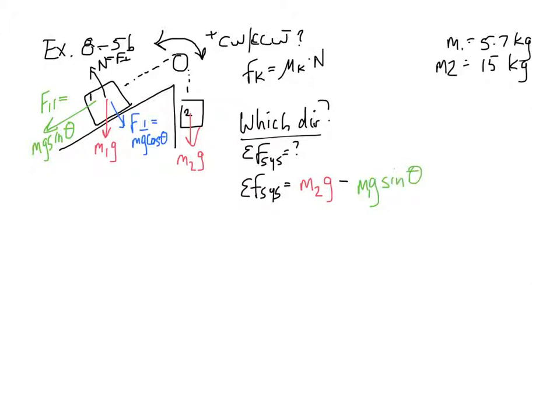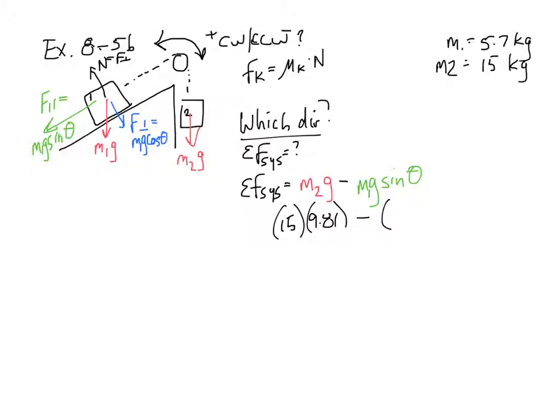I should have written that as m1g there and m2g right here, because they're different masses. Okay? So here's where we find out what is greater. Which direction is going to move? Okay? I'm just going to write it in black from here on out because I'm tired of changing colors. What's mass 2? That's 15 times 9.81. Excuse me for leaving the units out.